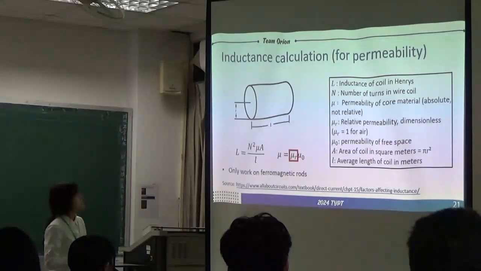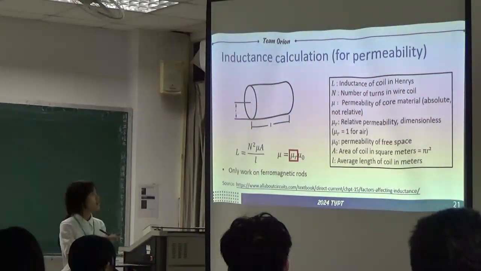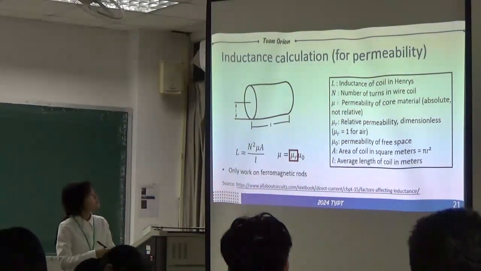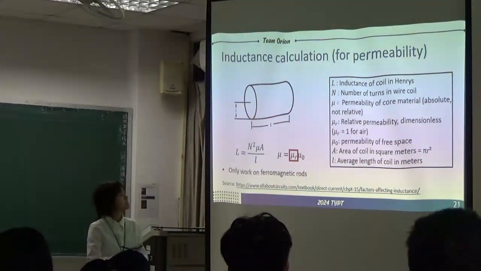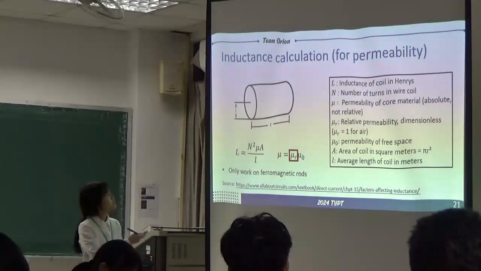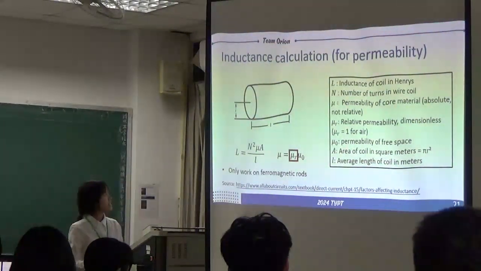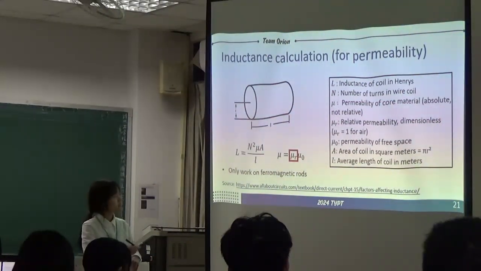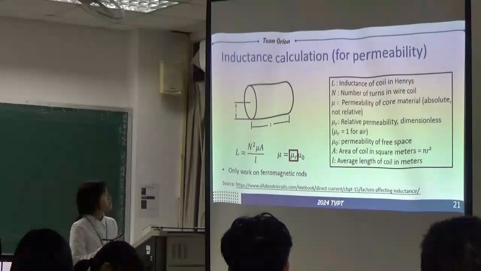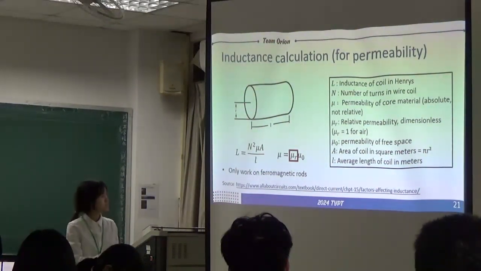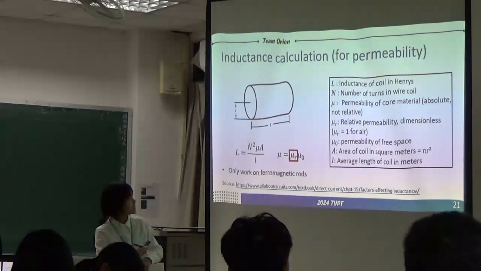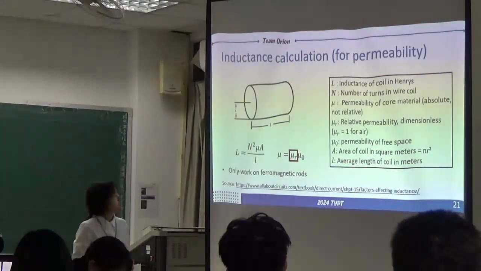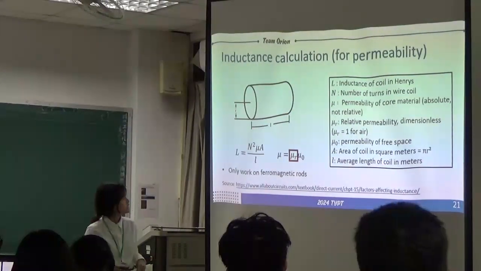So here is the inductor calculation. We define L as the inductance of the coil in henries, and N as the number of turns in the wound coil. Mu represents the absolute permeability of the coil material, mu R is the relative permeability, which is dimensionless and is 1 for air, and mu 0 is the permeability of free space.